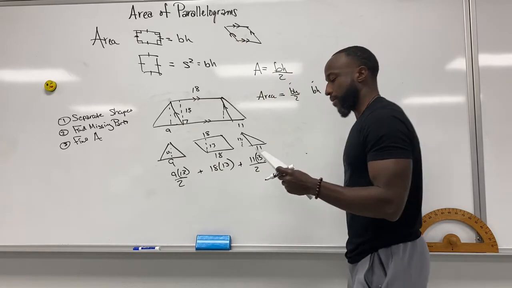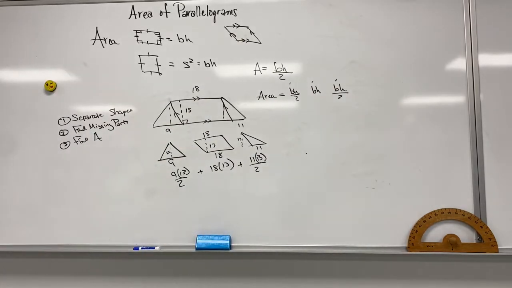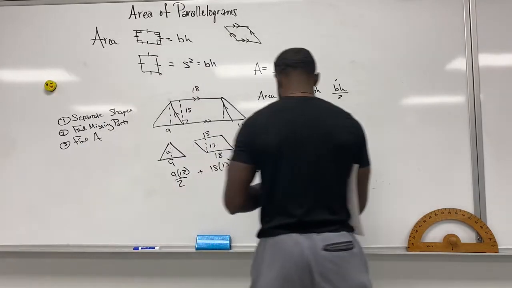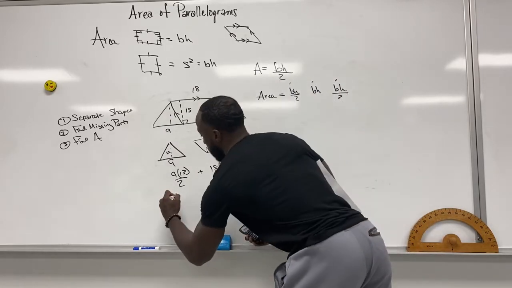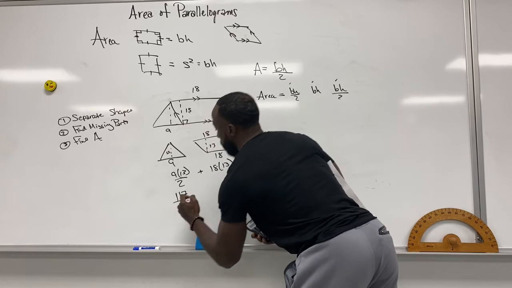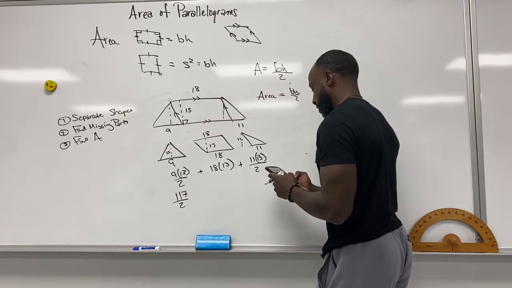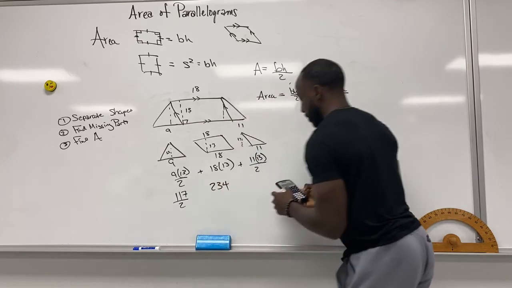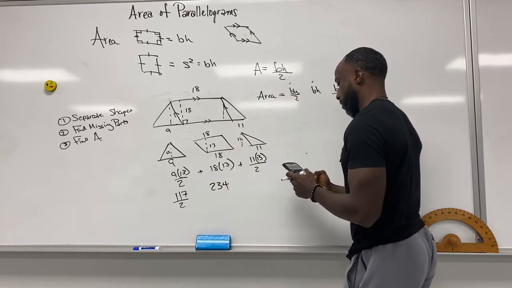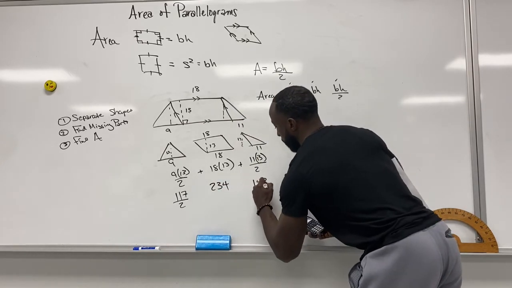I need my calculator. So we can do the math. So we got 9 times 13, 117 over 2. We got 18 times 13, we get 234, and then we got 11 times 13, which is 143 over 2.